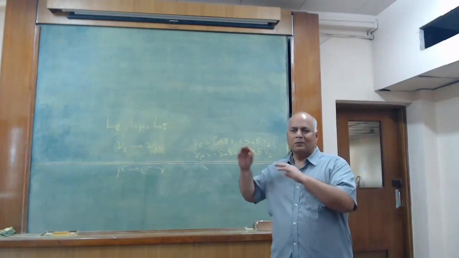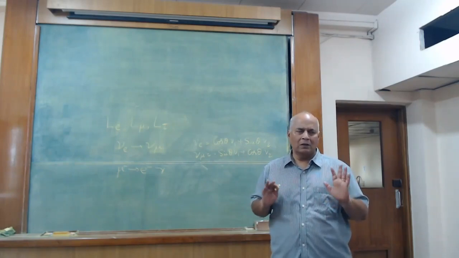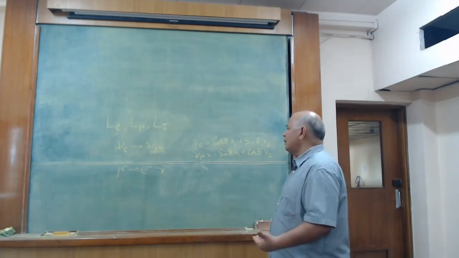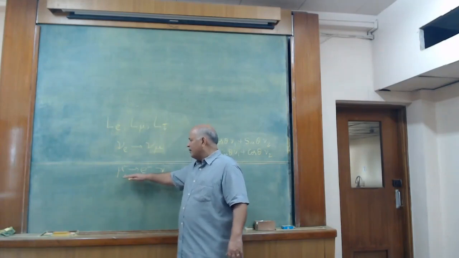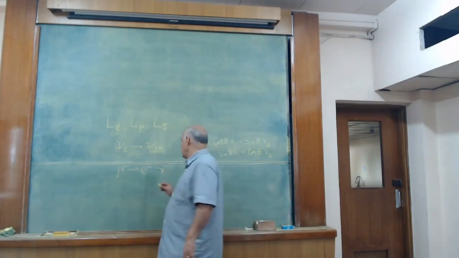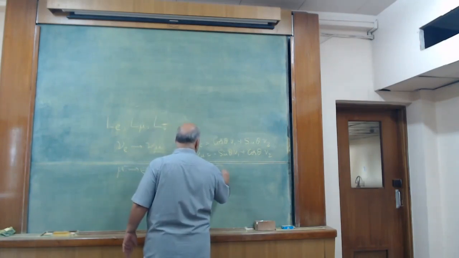Okay, some have more attractive features compared to others, but none of them is compelling. And experimentally, people are devoting a lot of effort to this, and also a related decay called mu to e conversion.